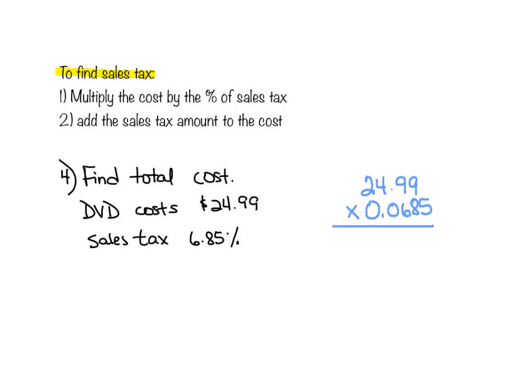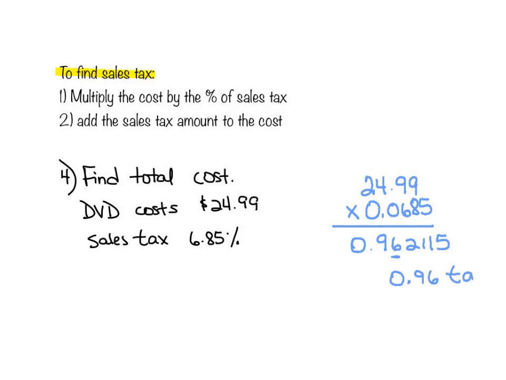So go ahead, use a calculator to multiply that. 24.99 times 0.0685, and we have 0.962115. The actual tax amount is rounded to the penny. That's the hundredths place. So the tax amount is actually 96 cents.